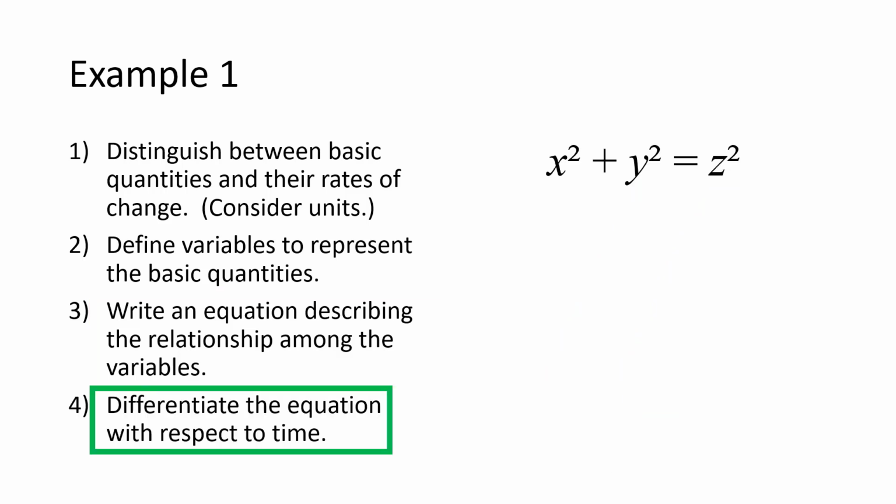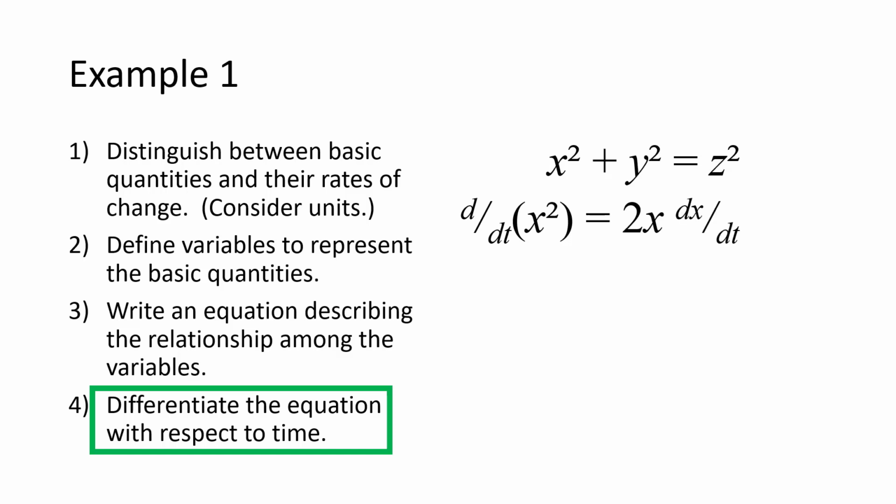Next, we differentiate both sides of this equation with respect to time. This requires implicit differentiation, which is an application of the chain rule. We treat x, y, and z all as functions of t, the time. When we differentiate the square, x squared, we get 2x, but then we have to multiply that by the derivative of the quantity inside the square.